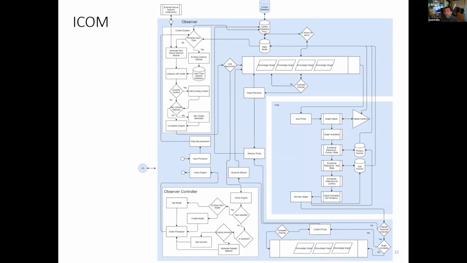Now the problem is ICOM can be rather complex. Typically, I don't even show this much of it. Usually these white boxes are compressed, like the context engine, the observer controller, and so forth, because it gets overly complicated.